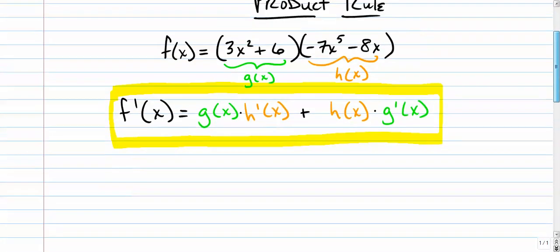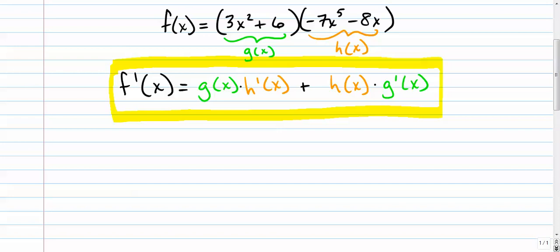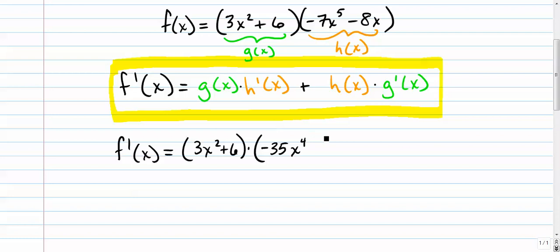So here we go. If we follow this rule, f prime x is equal to the first times the derivative of the second. The derivative of the second, we're just going to use like the basic power rule, right? So negative 35x to the fourth minus 8. That's the derivative of h.